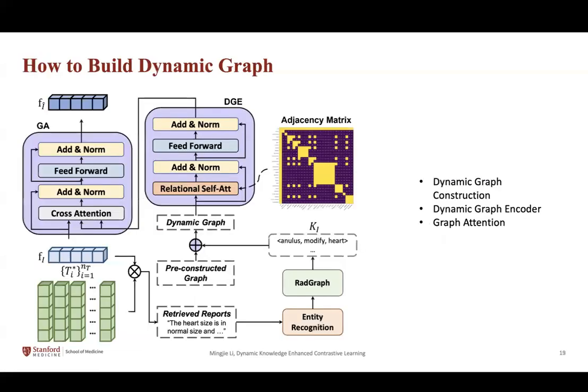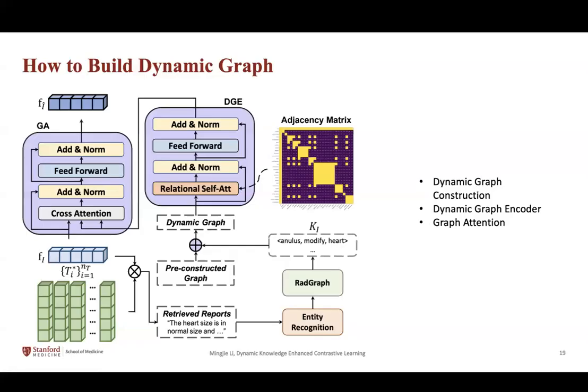So here we will introduce how we build our dynamic graph. We construct our graph in a bottom-up manner, in which we first construct the fundamental structure of general knowledge, and then try to add nodes or redefine their relationships according to specific knowledge.